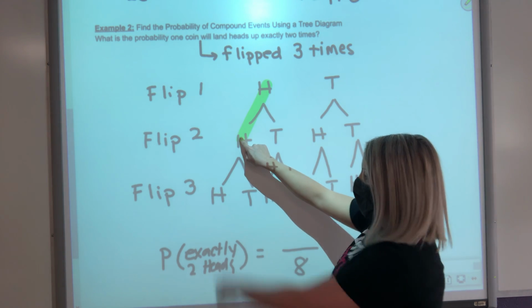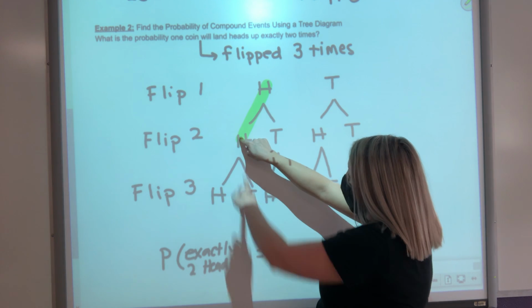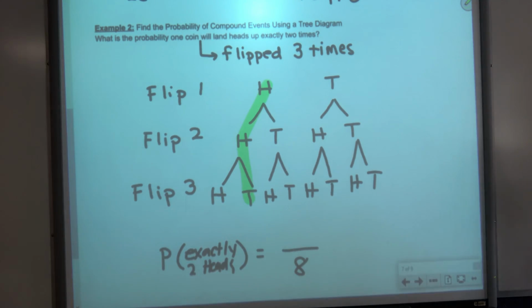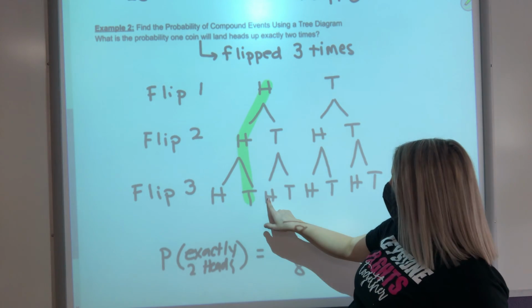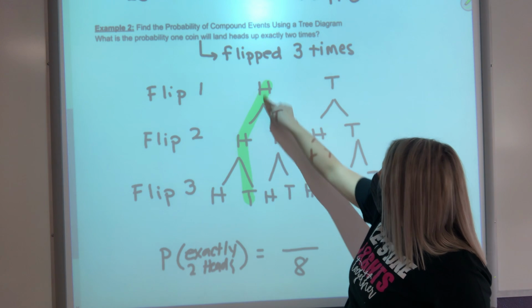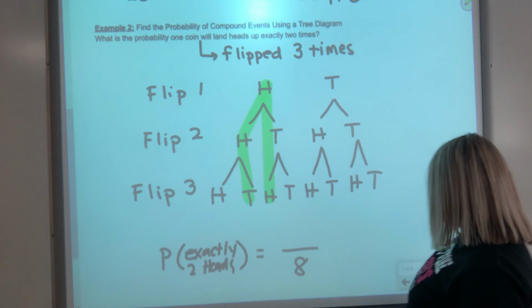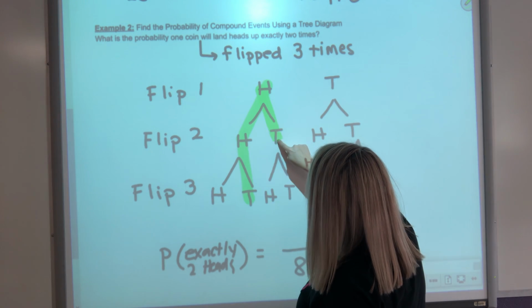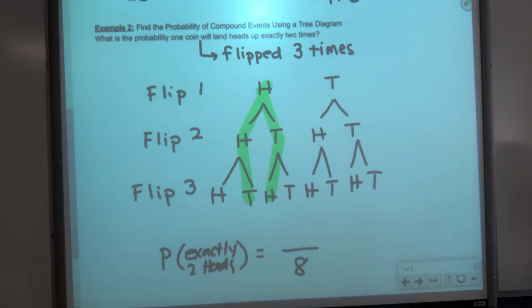Heads, heads, heads. Does that one work? No. Okay. Heads, heads, tails. Yes. That one works. All right, here's our next one. Heads, tails, heads. That one works. Now, heads, tails, tails.